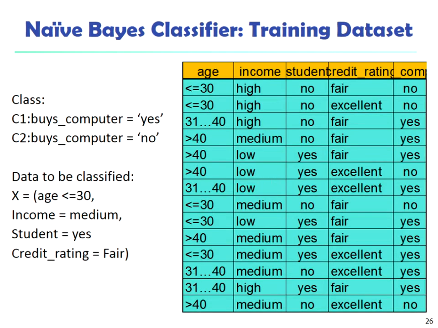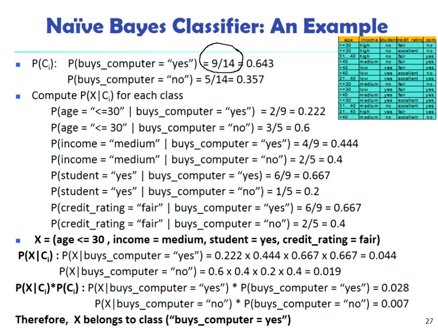Because in our example we have 9 yes: 1, 2, 3, 4, 5, 6, 7, 8, 9. So 9 yes divided by 14. And the probability of buys computer equal no is 5 divided by 14. Is the first step clear for you?